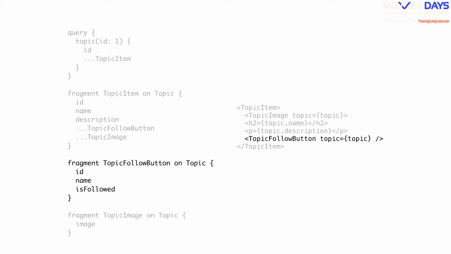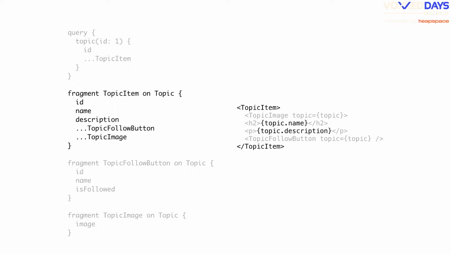I'm just a user of this component. It needs the isFollowed, obviously, and it needs the ID. But the topic item itself needs the ID, the name and description, and then it needs the fragments for the topic follow button and the topic image.